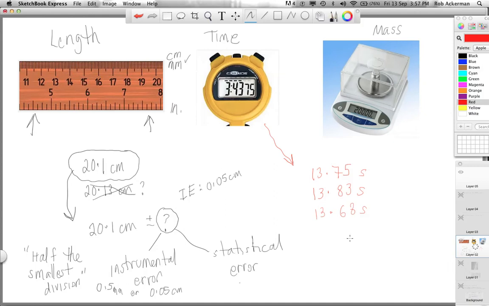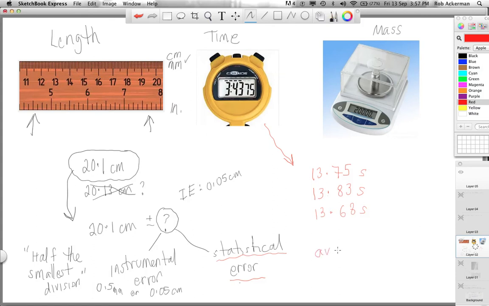It might even depend on how much sleep you got the night before and whether you're awake or not when you're observing this. The fact that we can't agree on the exact time means once again there will be some uncertainty. And this kind of uncertainty is what we call statistical error. As in, statistically, we're just never going to measure the exact same times. There's a certain spread.